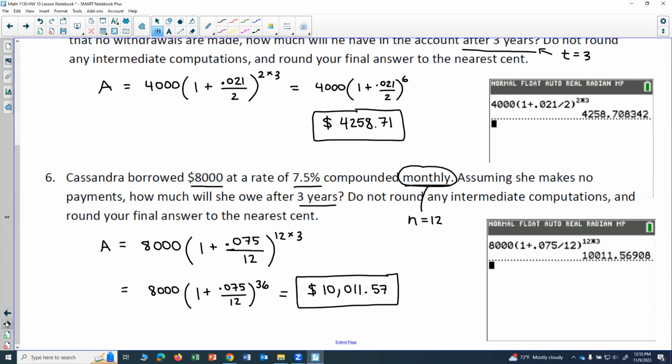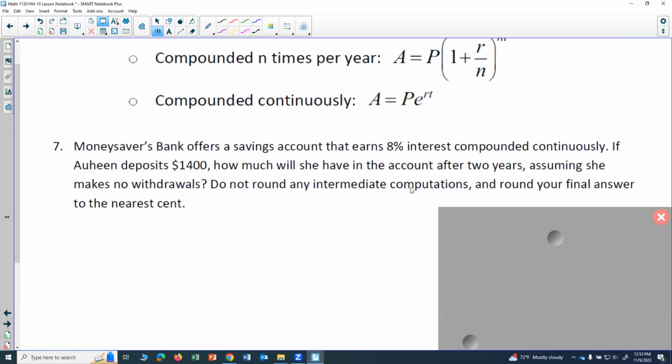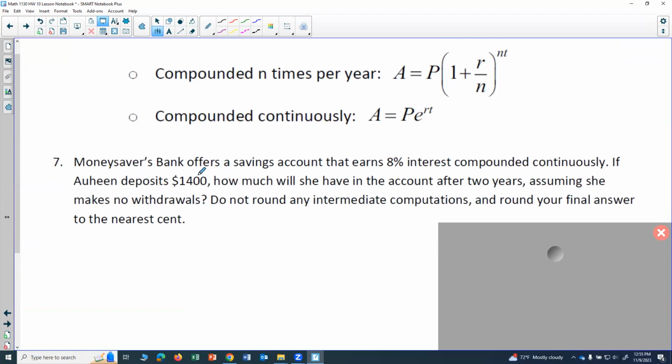All right, let's do one last example with continuous compounding. And here are my formulas. Money Savers Bank offers a savings account that earns 8% interest compounded continuously. So automatically that puts me in this situation, A equals Pe to the RT. If Aheen deposits $1,400, how much will she have in the account after 2 years? So this is my principal, 1,400. T is 2.